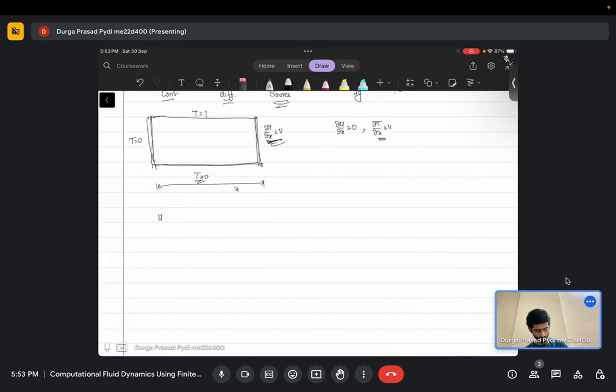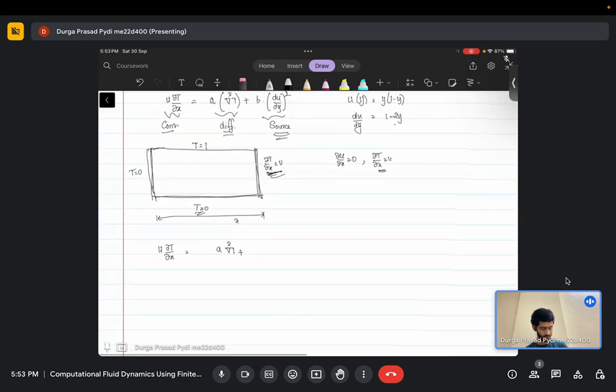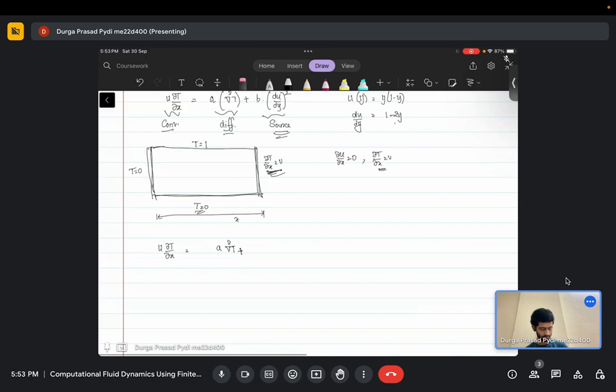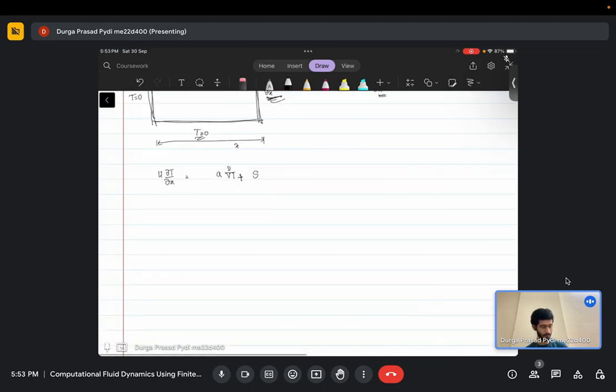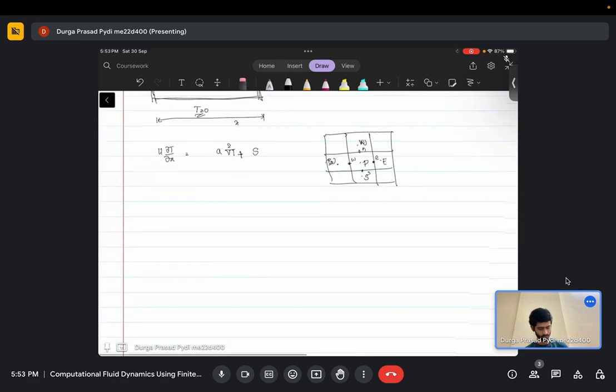So we have u times del T del x is A times del square T plus some source term. If you were to discretize on our 2D grid for an interior cell, we will use the same steps we have followed previously.